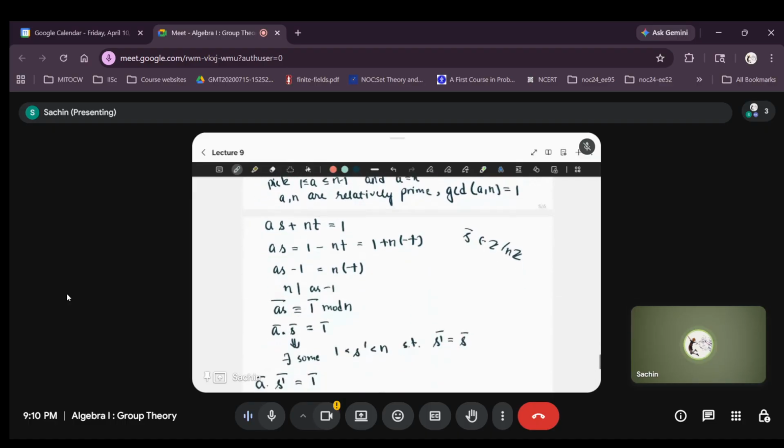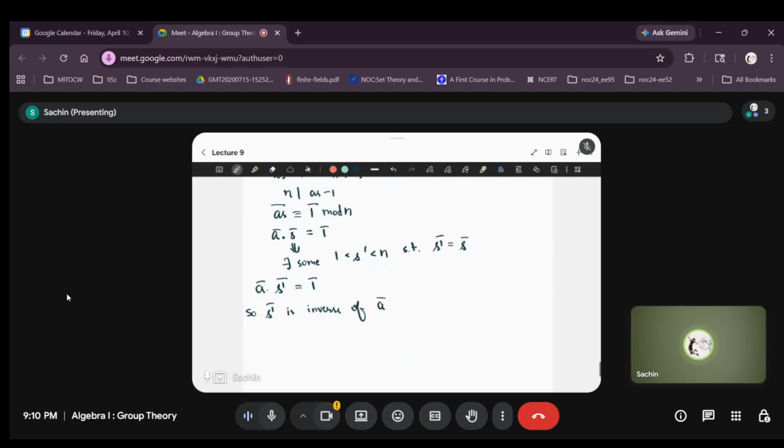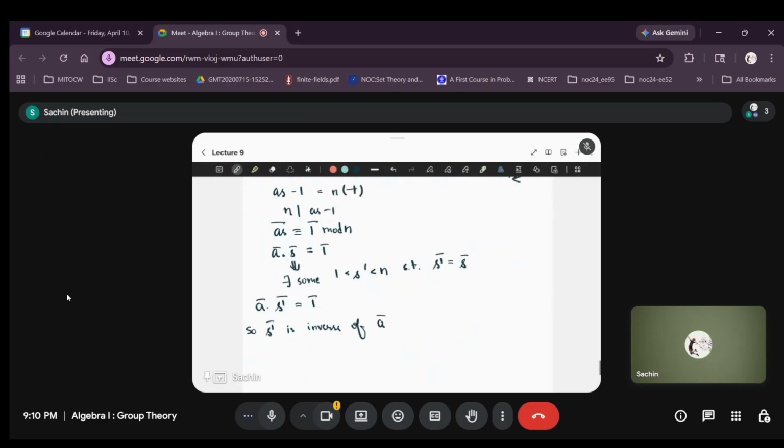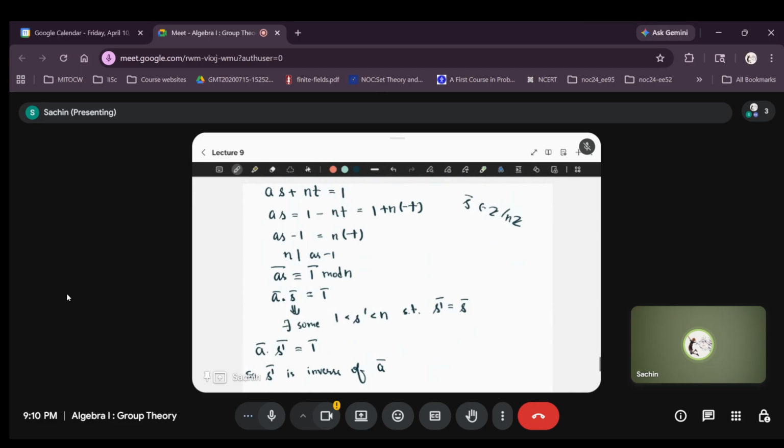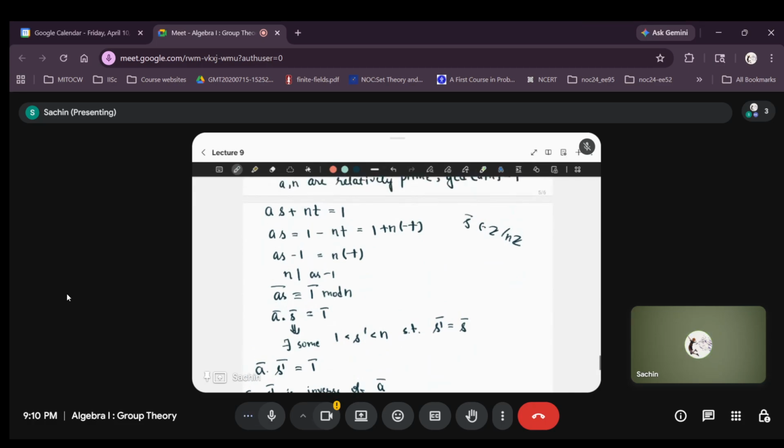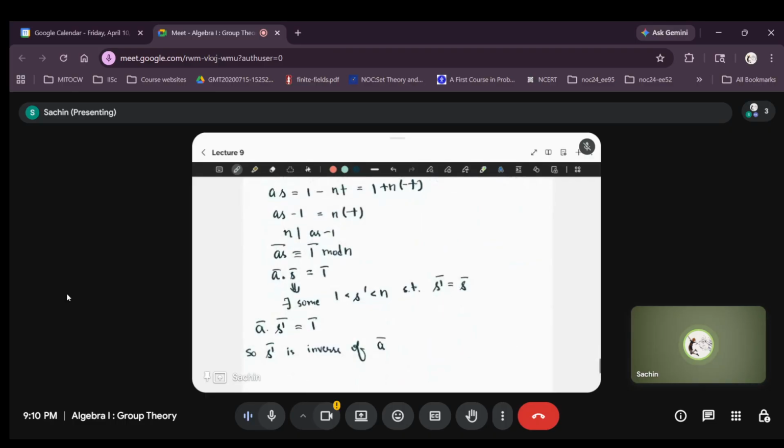You can always find some representative within 0 to n minus 1 for any equivalence class, and that will simply be the inverse of a bar. This is one type of proof. There are other proofs for the same thing.